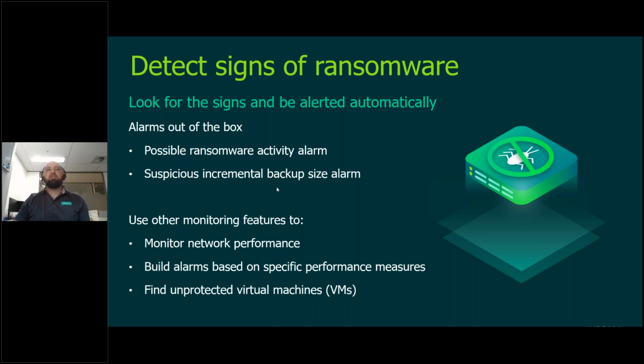If you've been encrypted, we'll be able to alert and say, these backups are now suspicious. We're backing up 100% change data. That doesn't look common. We have a baseline that we create based on your last week of daily change rate, and we're able to alert you if there are suspicious incremental backups.